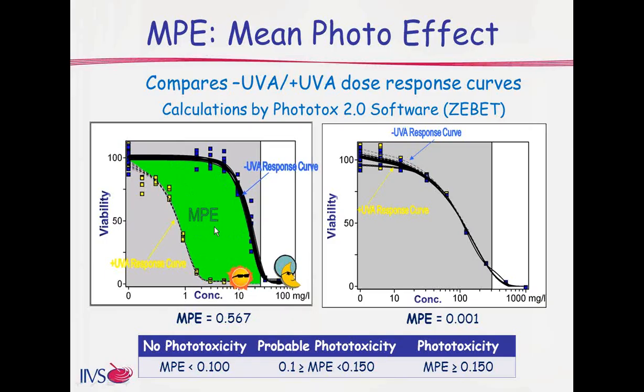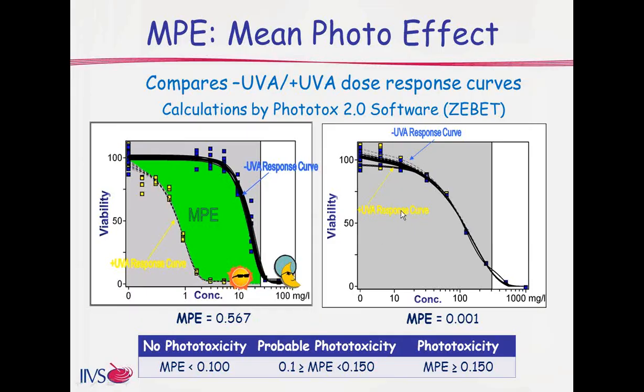The area in green here represents our mean photo effect. So essentially, if you want to think about it, in theory, if you were to have 100% viability all the way across your dark plate and 0% viability across your entire light plate, your MPE value would be approximately 1.